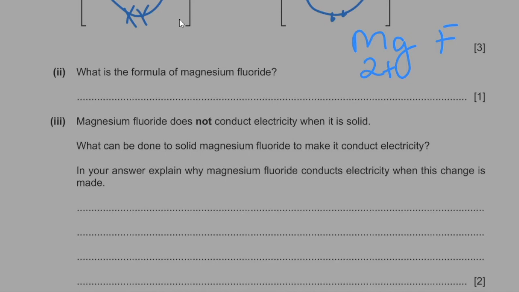Similarly, fluorine forms a charge of -1, and now you cross it. And this leaves magnesium with the number 1 and the fluoride ion or fluorine atom with the number 2, which means magnesium has 1 atom for every 2 fluorine atoms.